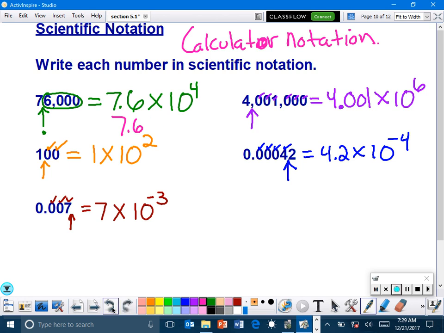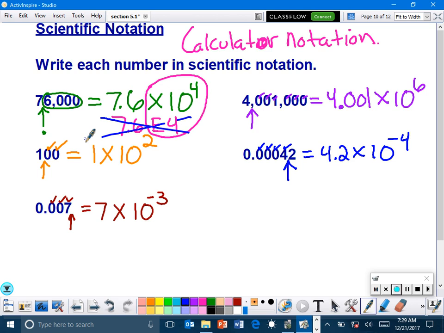I want you to write it appropriately. This E4 represents times 10 to the fourth. Again, I don't want to see it written this way. So realize that E4 means times 10 to the fourth.